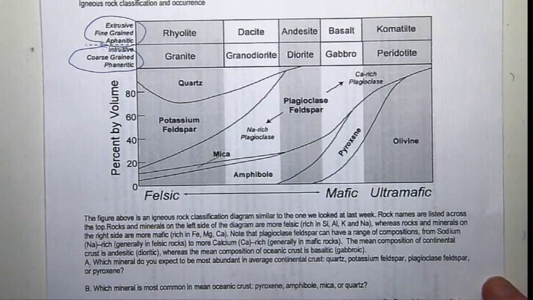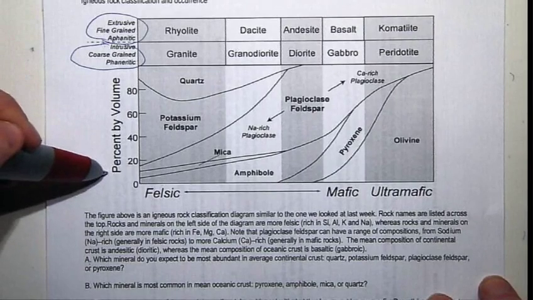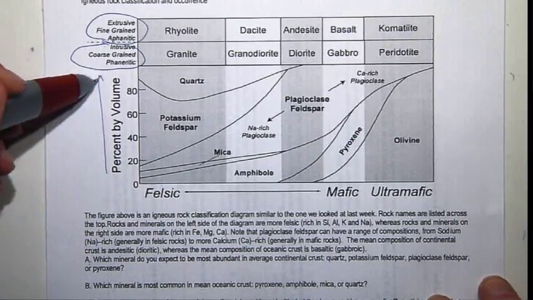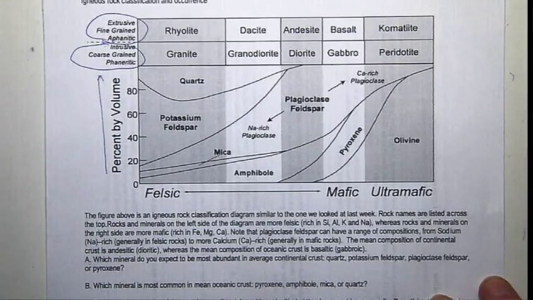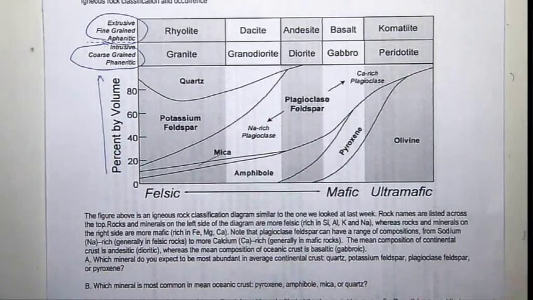So that goes across the top. The percentage of minerals shown by volume going up from 0 to 100%. So any given rock should have 100% of everything in it in total. So the individual mineral component should add up to 100%.